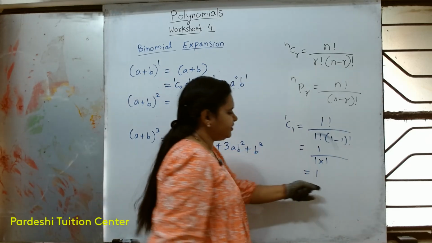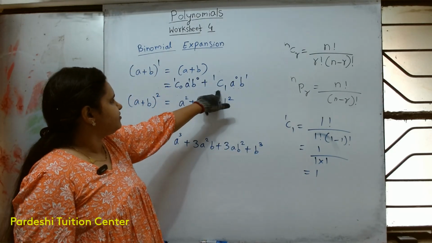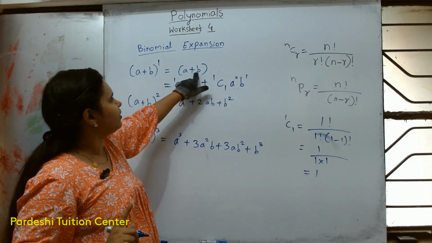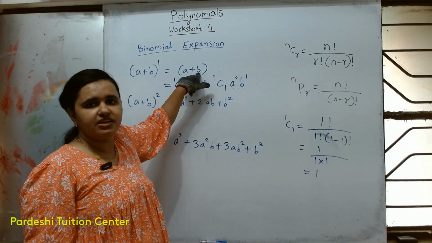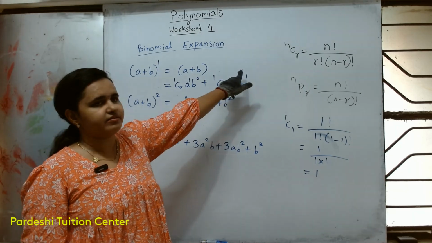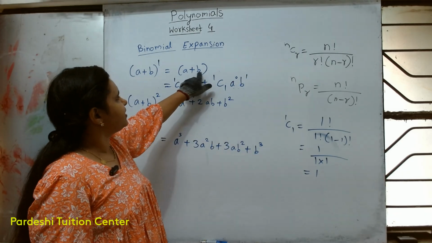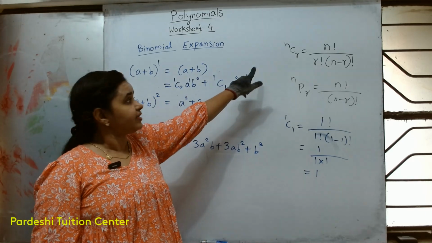So the answer is 1 for 1c1 also, and the coefficient is 1. Now, is a present here? No, a is not present, so I will write a to the power 0. Now b is present here and b's power is 1, so I can write b to the power 1.